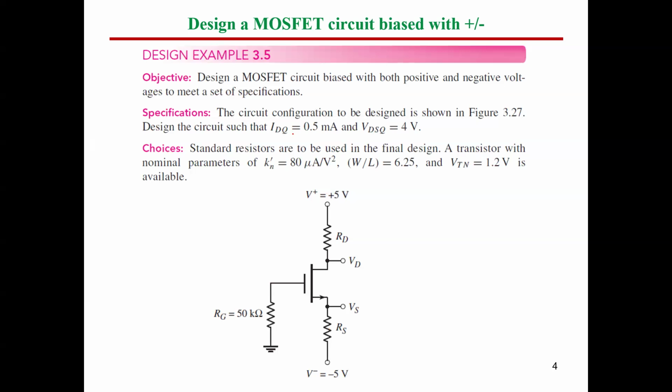So in this example, or in this circuit, the objective is to design a MOSFET circuit biased with both positive and negative voltage. So we have positive and negative voltages at S and D to meet a set of specifications. What are the set of specifications? This is the meaning of design.